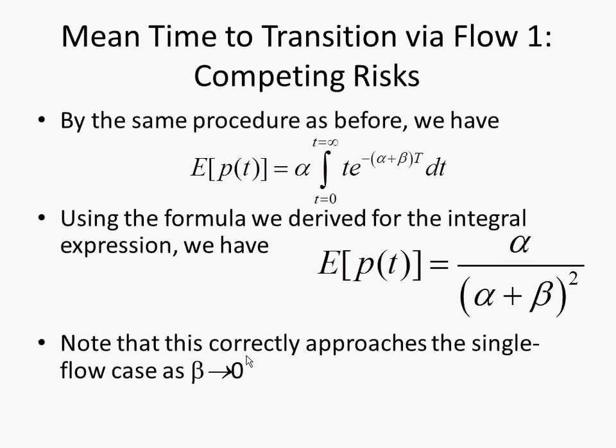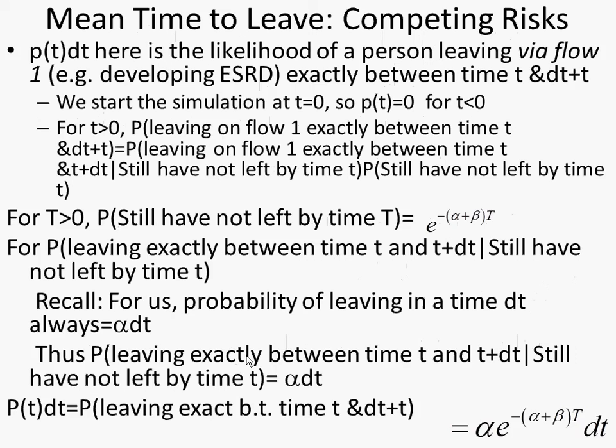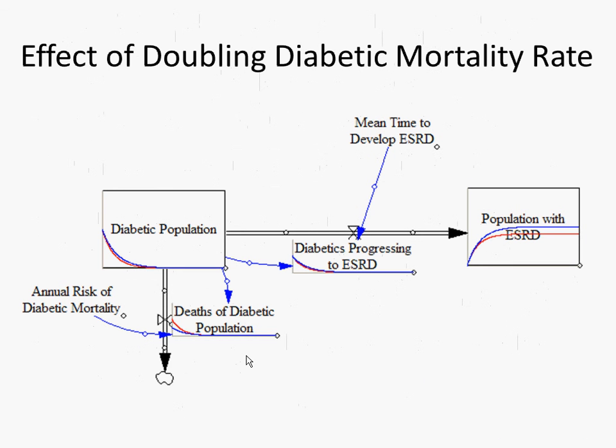Okay, so I know that was a little bit technical, but the big point here is that with these mean times, you've got to understand that empirical data is a different thing from this mean time because it is affected by these other parts of the system, and we do have this phenomenon where one competing risk can affect the statistics on the other, and we want to think about that a bit.